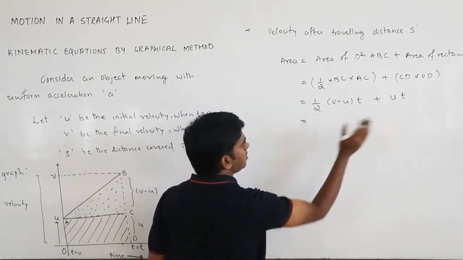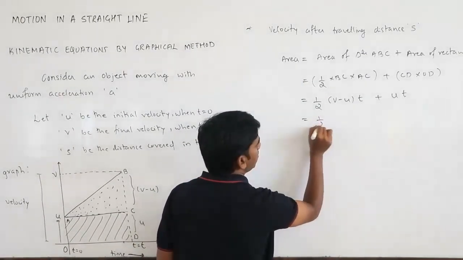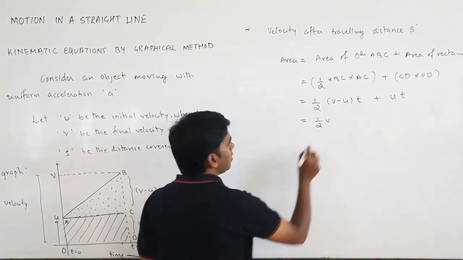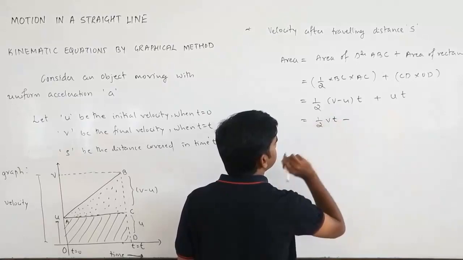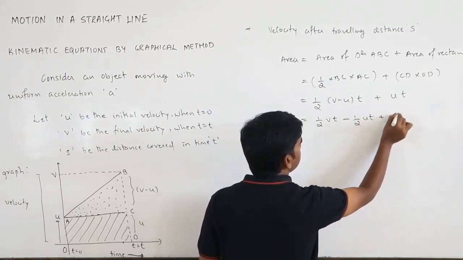Now multiply the half through. What you will get: 1 by 2 Vt minus 1 by 2 Ut plus Ut.